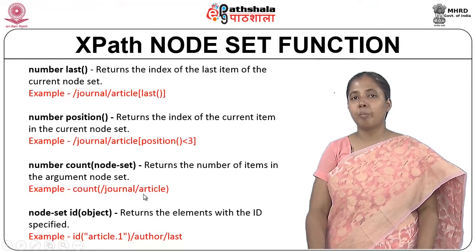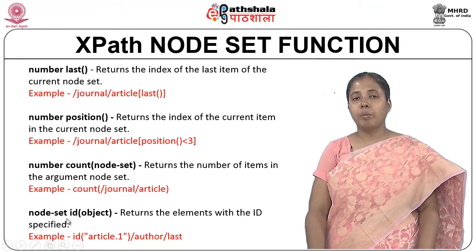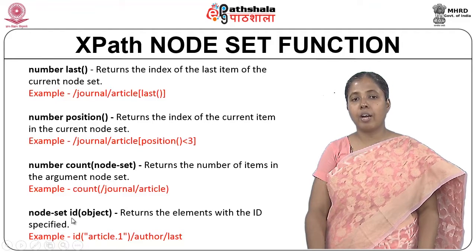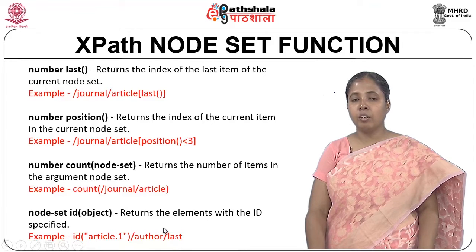This counts the number of articles that come under this journal. And then there is a function called node set id, which returns the elements with the ID specified. An example is given here. The ID is specified as article 1 and the author and the last author on the node list.